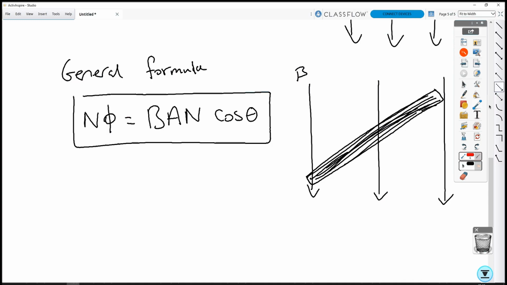And I'm going to purposely draw the indicator very, very close. Or in fact, I'm going to draw it as touching one of the field lines. So I'm going to draw it touching the middle field line.